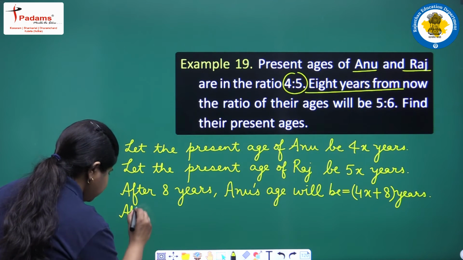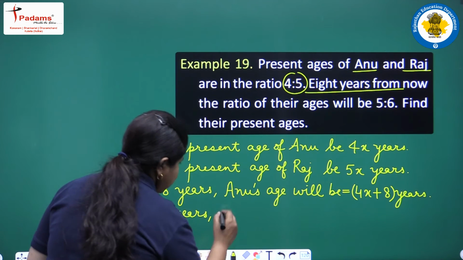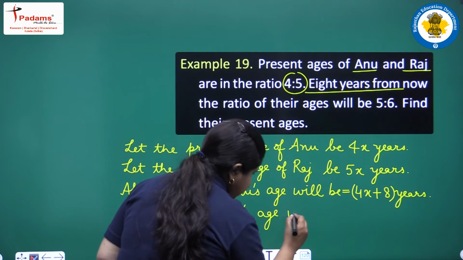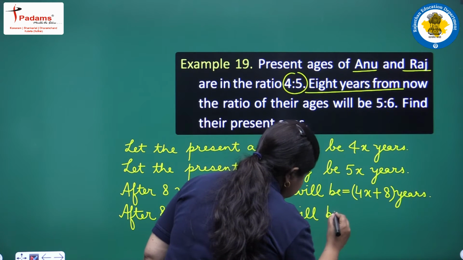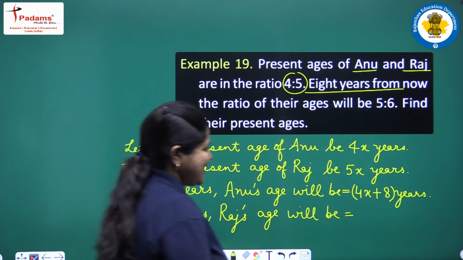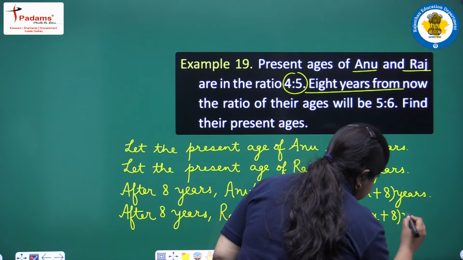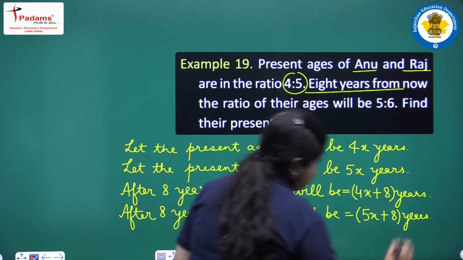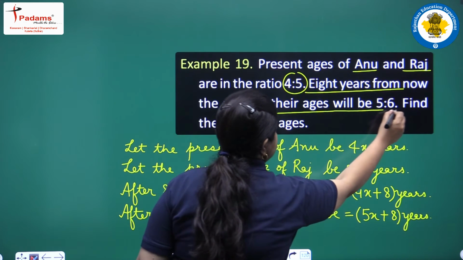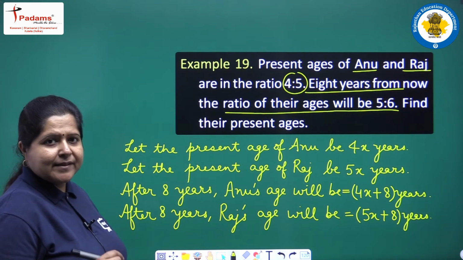Again, after 8 years Raj's age will be, yes, how much? 5x plus 8 years. Simply add it, 5x plus 8 years. Now, it is given after 8 years the ratio of their ages will be 5:6. So, we can form one equation according to this statement. Let us do this.